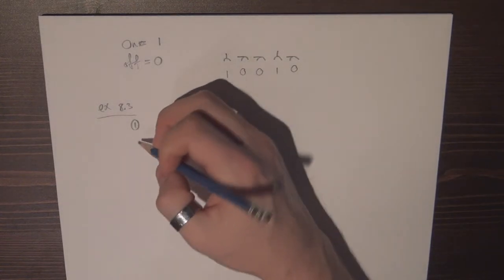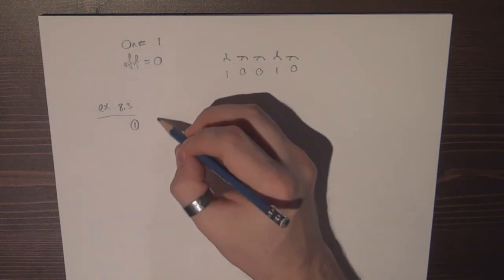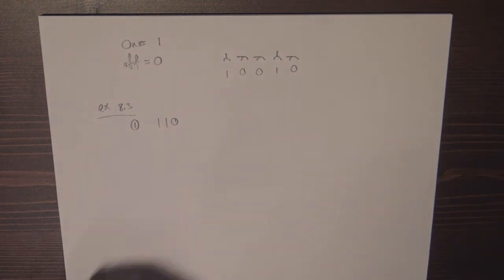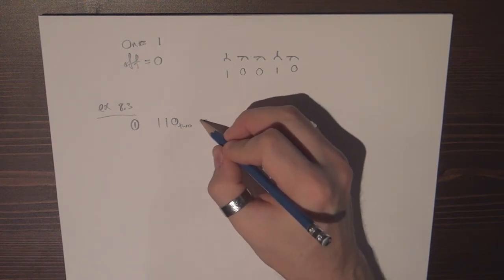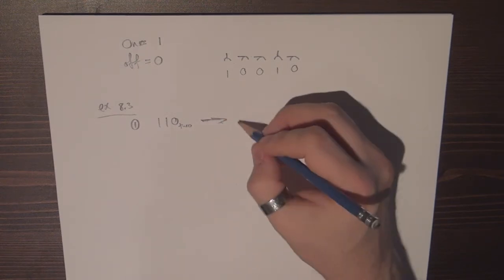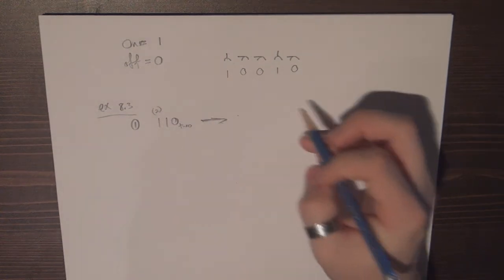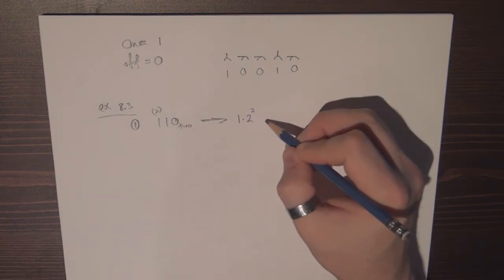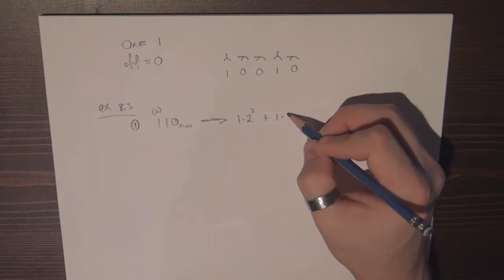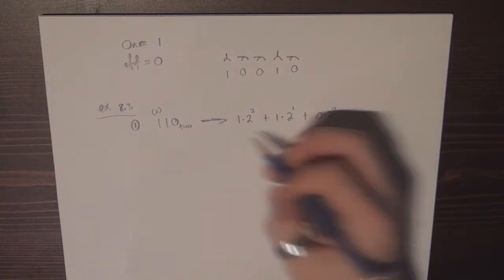So number 1, I have on and off. So on and off will be my binary number. That will correspond to, well, 0, 1, 2. 1 group of 2 squared, 1 2 to the 1, and 0 2 to the 0.